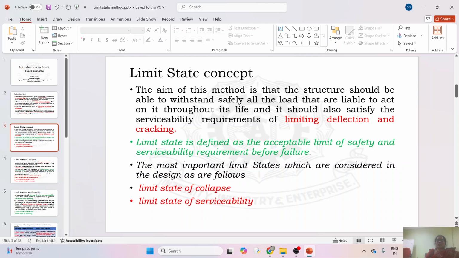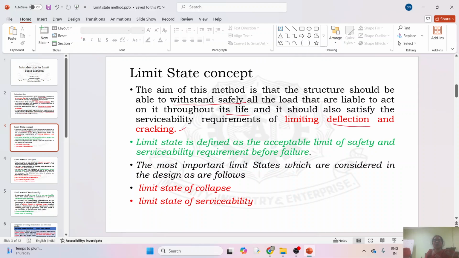The aim of this method is that the structure should be able to withstand safely all the loads that are liable to act on it throughout its life, and it should also satisfy the serviceability requirements of limiting deflection and cracking. So the limit state is defined as the acceptable limit of safety and serviceability requirement before the failure.